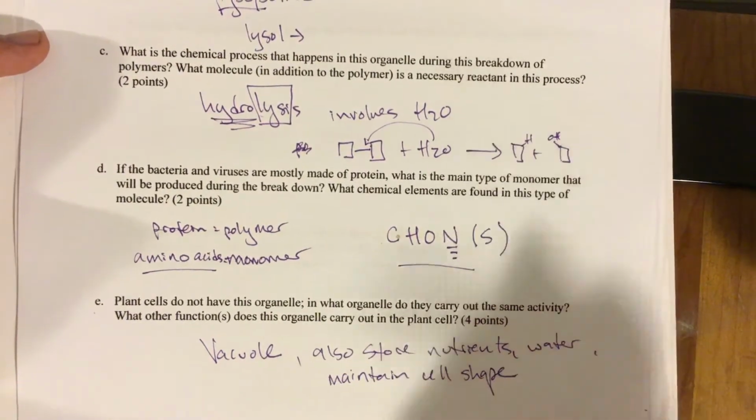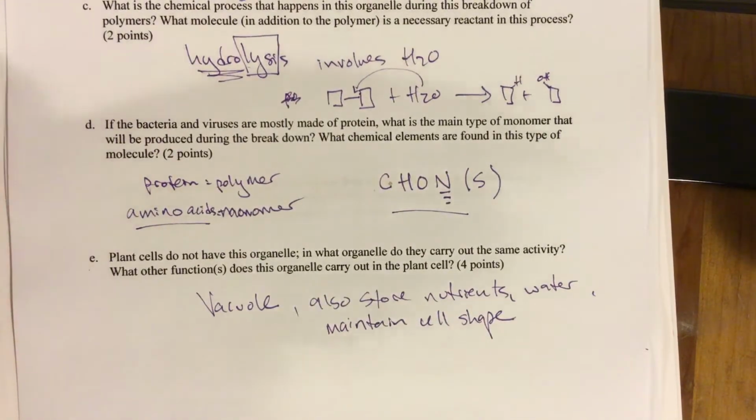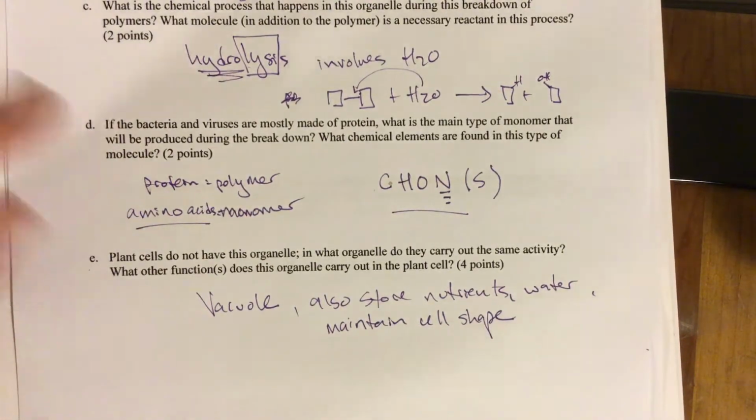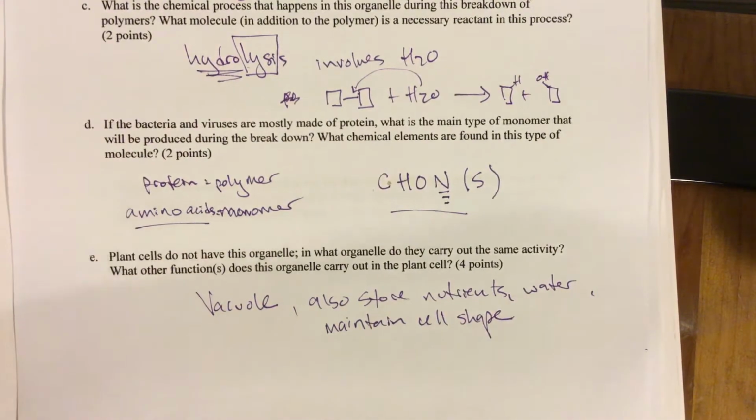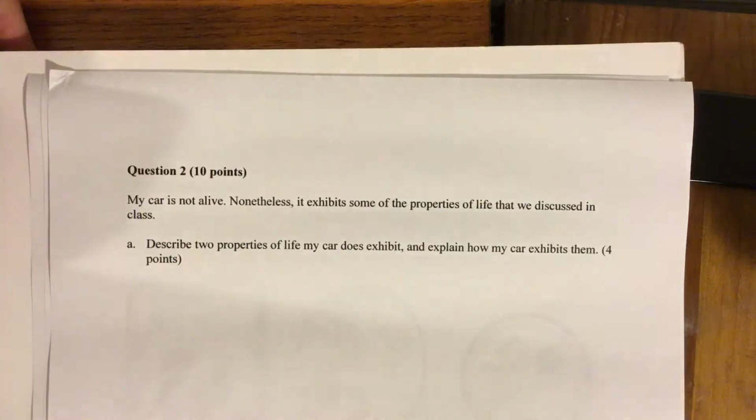If you put something else like cell wall, which protects the cell, you lost a point because you didn't put vacuole, but as long as you put something that plant cells have that is not in animals, and explained it properly, you got some credit.